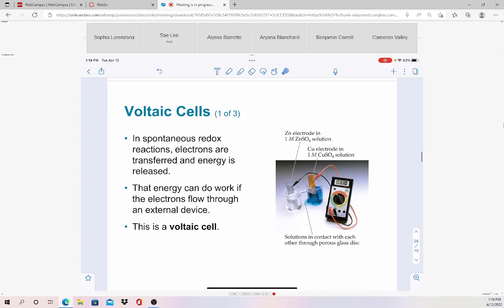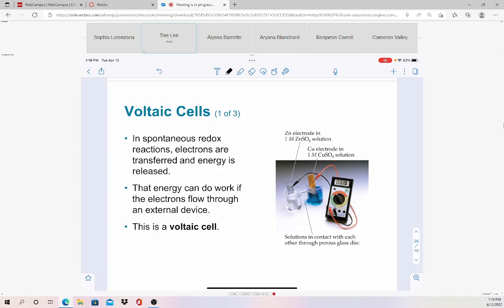All right, so now that we have a pretty good understanding of redox reactions and how to balance redox reactions in acidic and basic conditions, we will move on to learn about how chemical reactions can create electricity. So we will learn how chemical reactions can produce electricity through transfer of electrons. The key idea is the energy released from a spontaneous redox reaction.